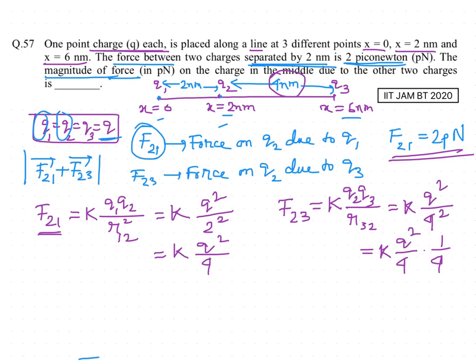So we can replace this K Q square by 4 by F21. So we get F21 times 1 by 4, right? So if we add F21 and F23, okay, with their directions.